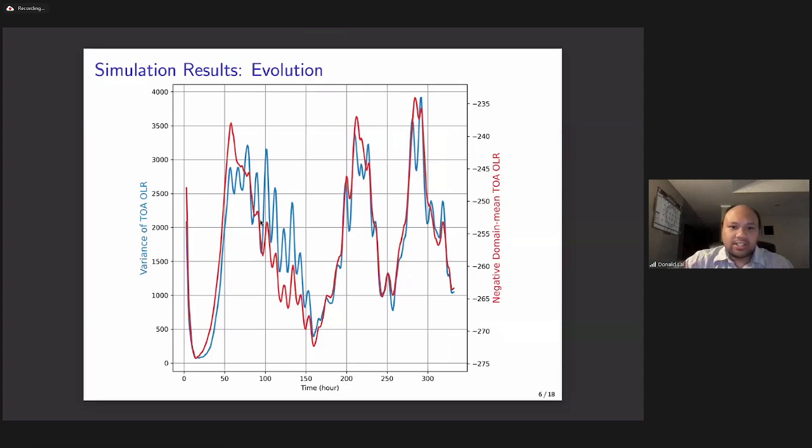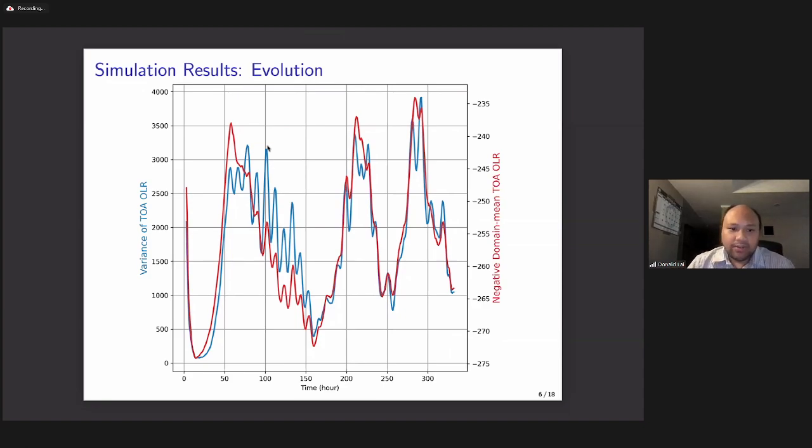This is the full time series. The picture that I showed you previously is just within around 100 hours here. So it's actually in the first peak, and as we could see, there's still a lot of aggregation and disaggregation happening even within one peak.